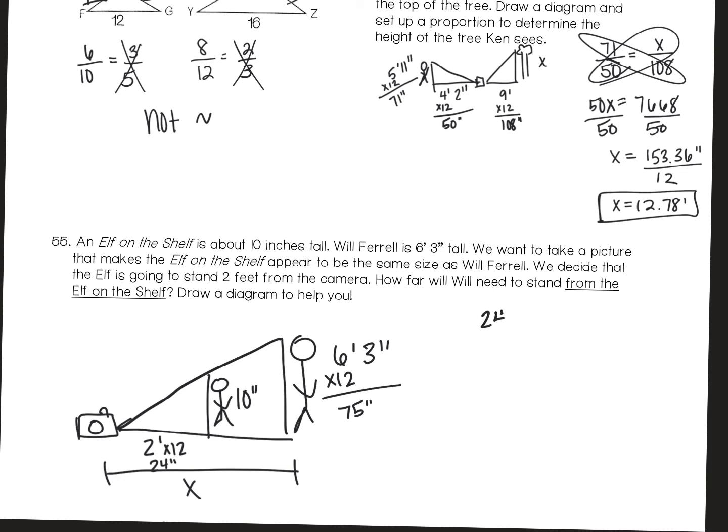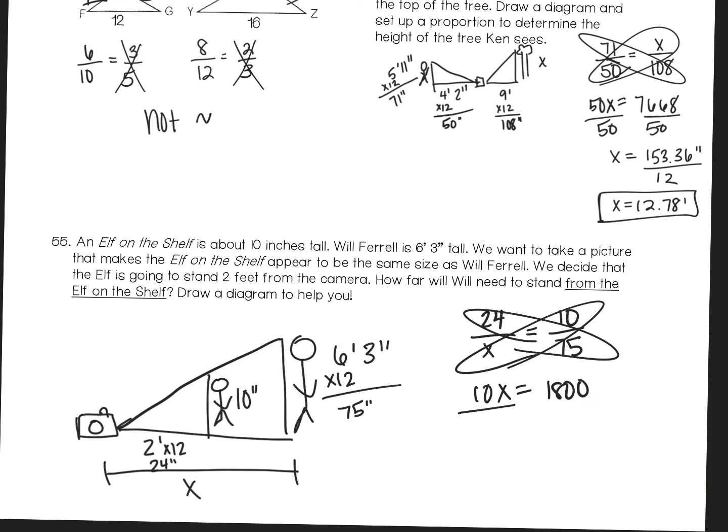So 24 over x equals 10 over 75, cross multiply, and I get 1800, divide by 10, and I get 180 inches, which I'm going to go ahead and put back into feet.